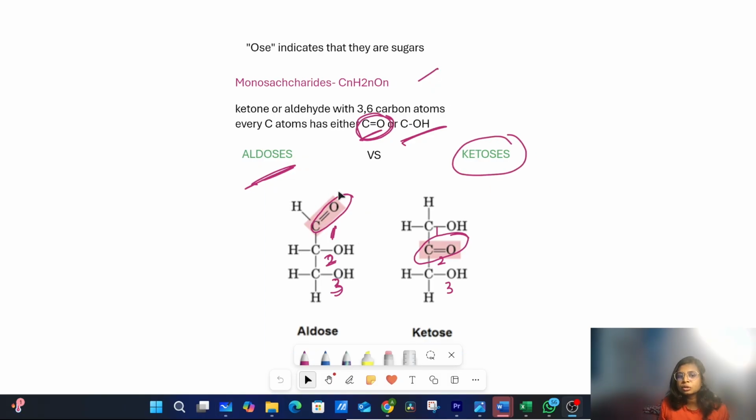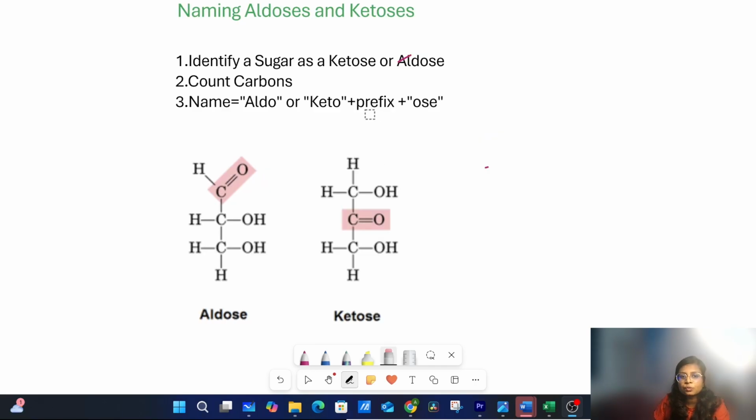So based on the double bond, we can tell whether it's aldose or ketose, but we can't tell the number of carbons it has. So for that, there's another classification. First we have to find whether it's a ketose or aldose. Then we have to count the number of carbons it has.